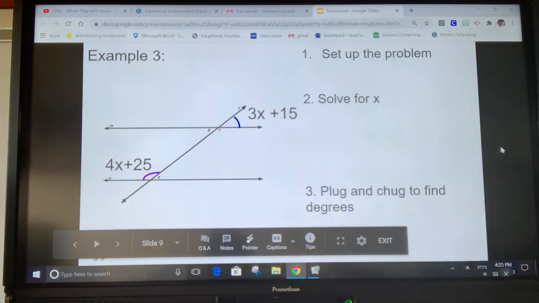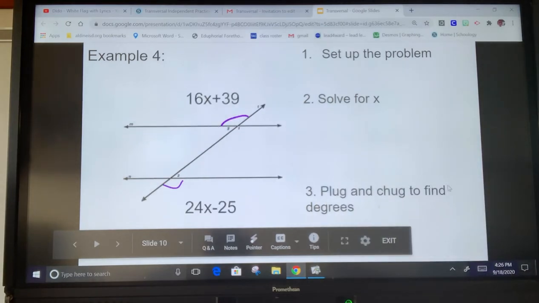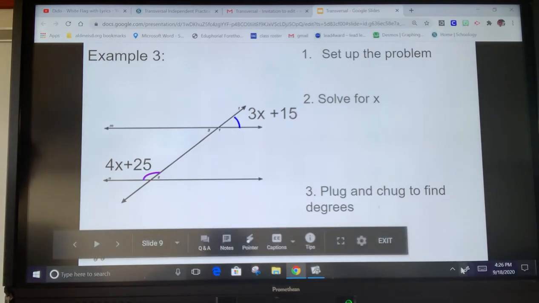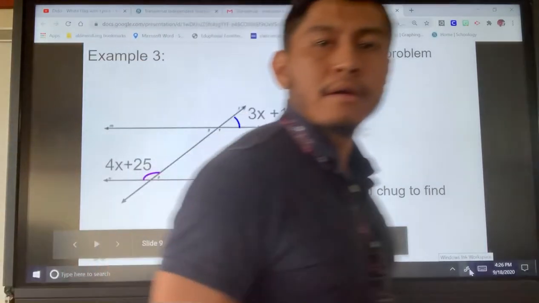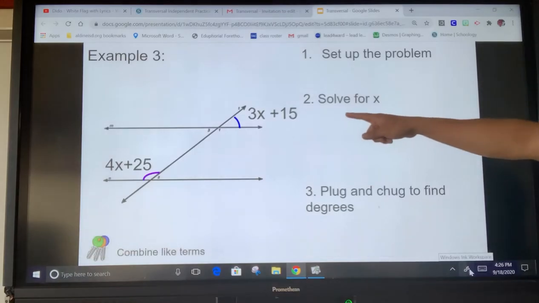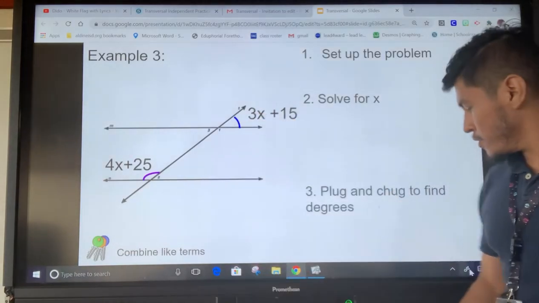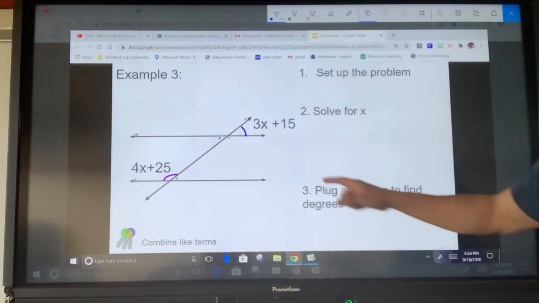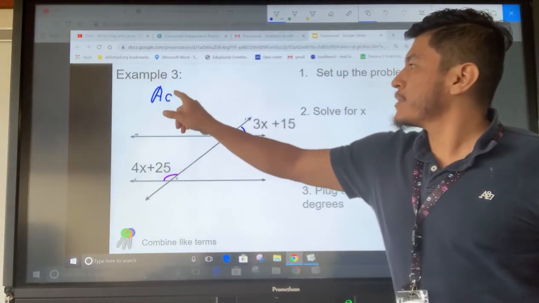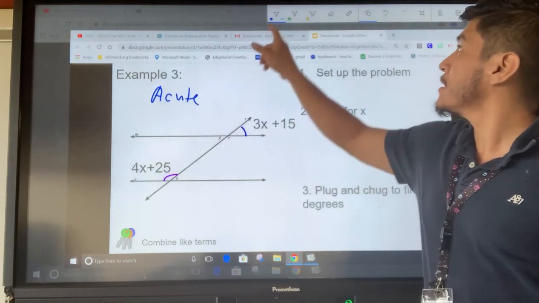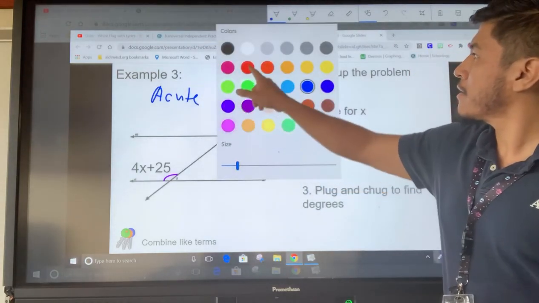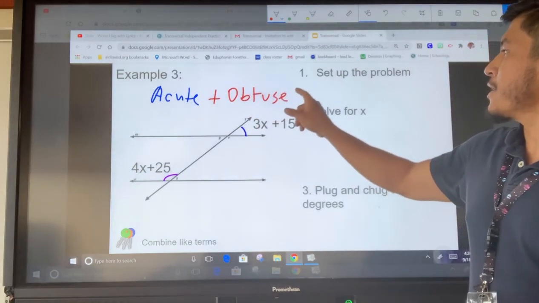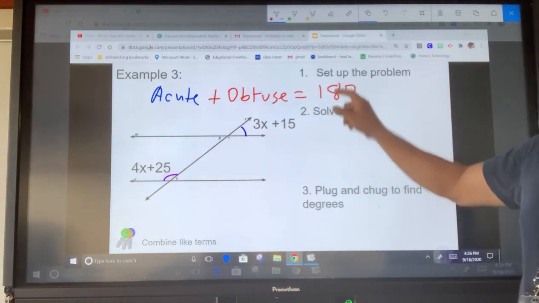All right, and one more problem you'll see this week coming up. What if they give us an obtuse and an acute? Let's identify them first. This time they gave us a small acute and an obtuse. For this one, it's a little different. Acute plus obtuse is going to equal 180.